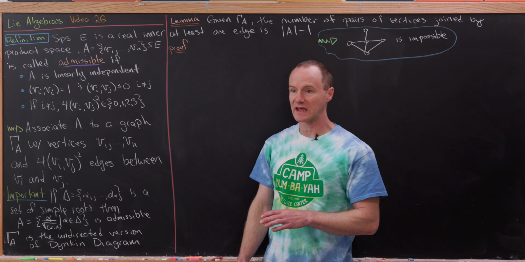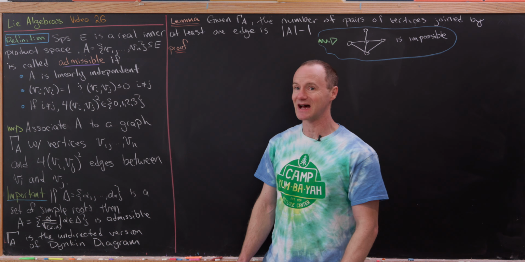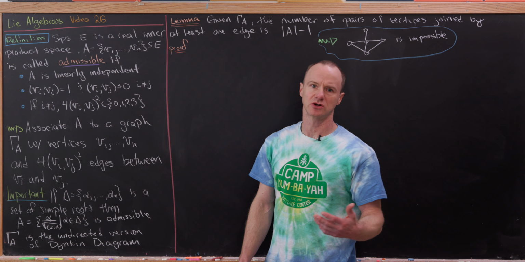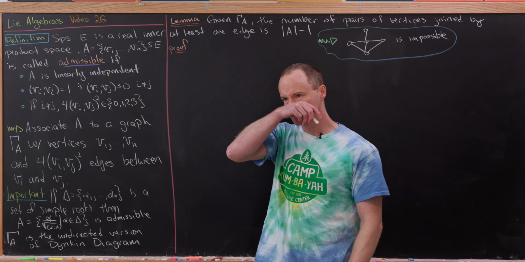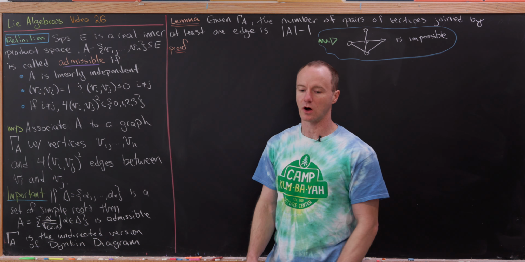And furthermore, gamma A is the undirected version of the Dynkin diagram associated to the original root system. I think this is all pretty clear just by the definition of the Dynkin diagram and the roots and all that kind of stuff.